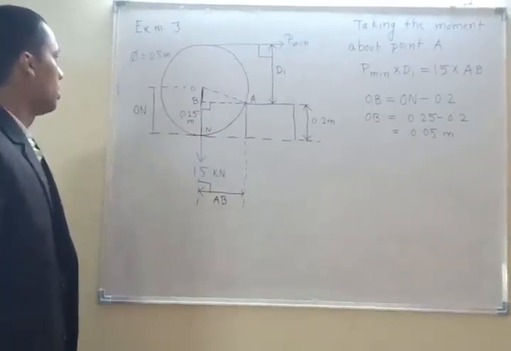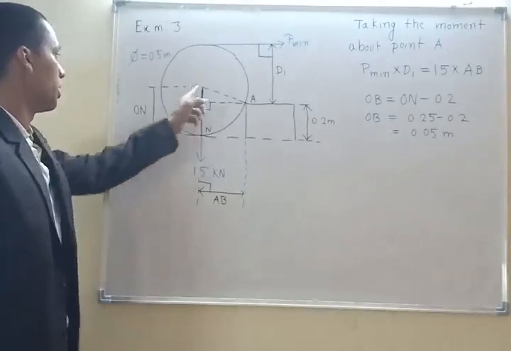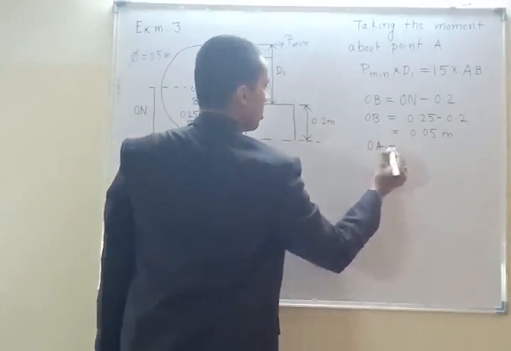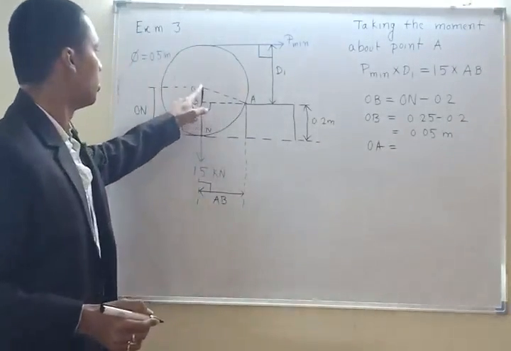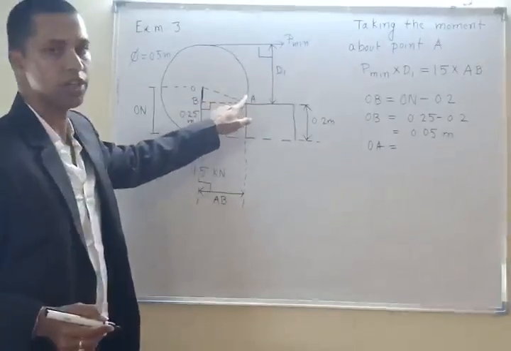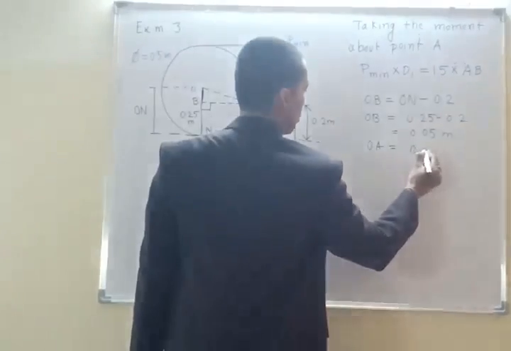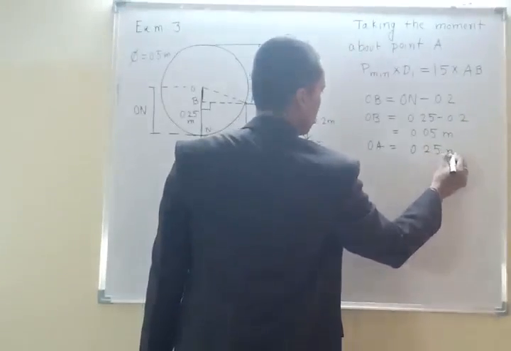What is OA? If this is the radius, this is also radius. So this is the radius, 0.25 meter.